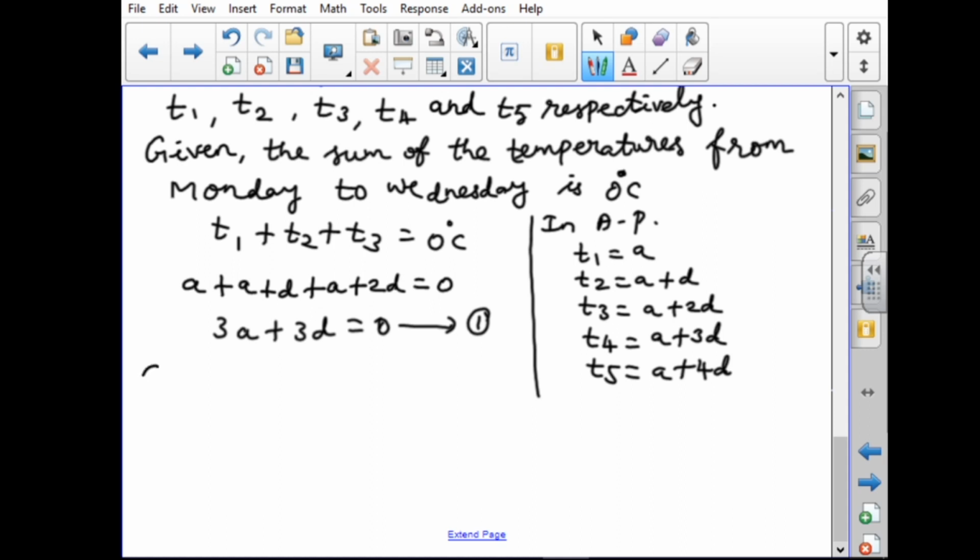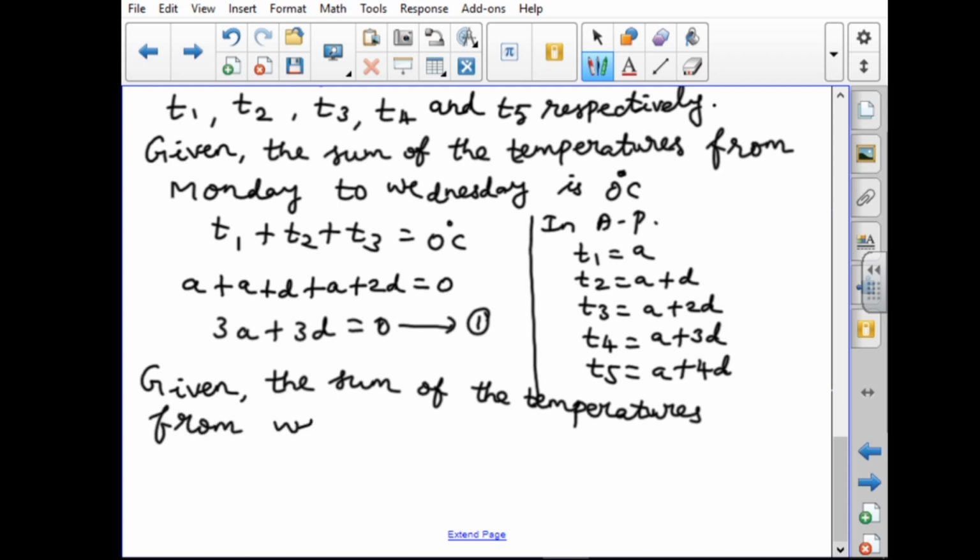Next, the second condition. Given the second condition, the sum of the temperatures from Wednesday to Friday is 18 degree Celsius.